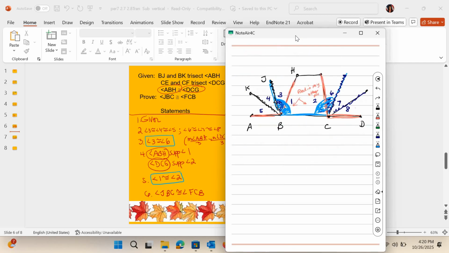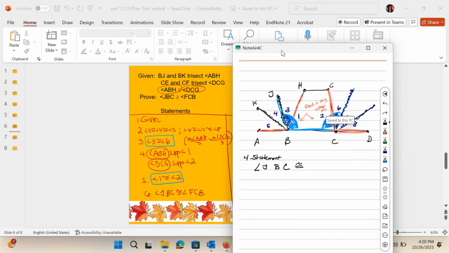Angle JBC is congruent to angle, oh, I forgot this G up here. I think this was a G. Let me double check. Yeah, it was a G. Is congruent to angle GCD. Sorry, not GCD.